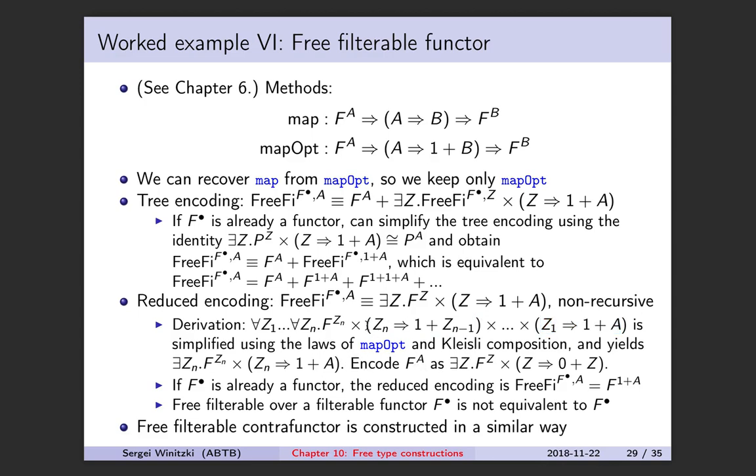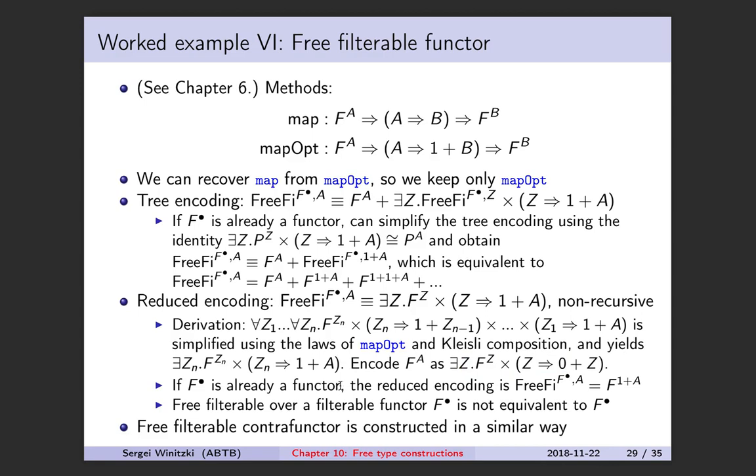So that composition needs to be done, and it gives us a single function. And if we just have a single f a with no functions, then we encode it like this. So we can still encode it. So that's going to be a reduced encoding.